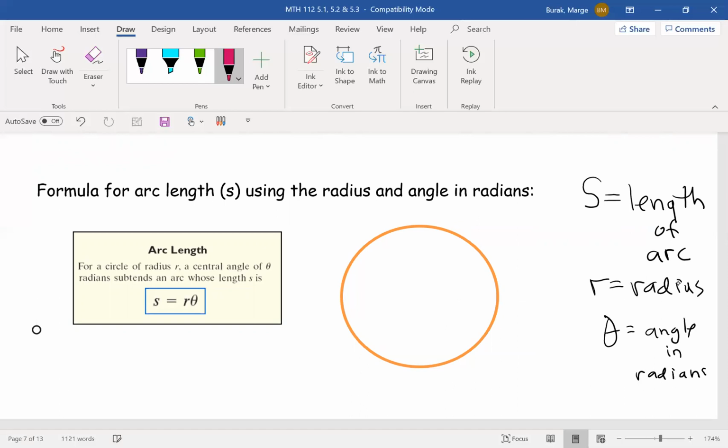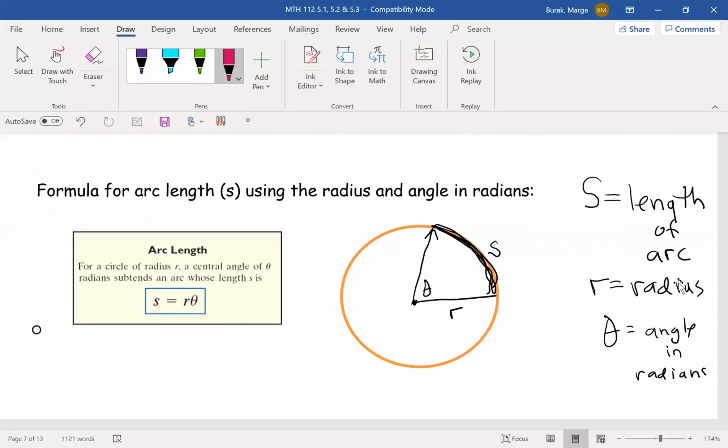So here's my radius, and let's say the angle goes up to here. So that's going to be my angle in radians. And then S, which is this, is going to be the length of the arc.